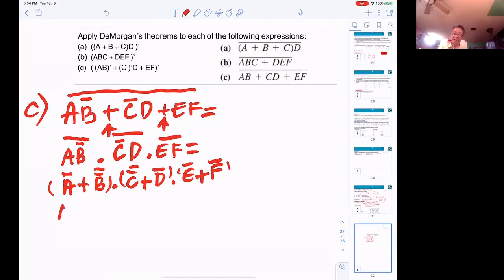Okay. Now you get not A or B, right? The thing is B not means to go back to original.